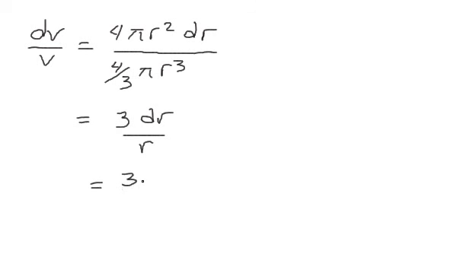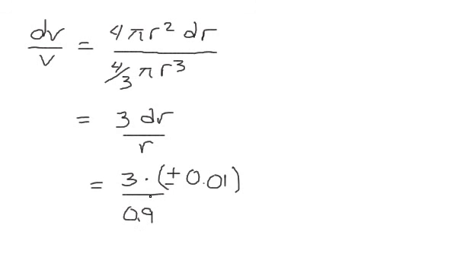Then from there we just plug in our numbers. So 3 times, now remember what our dr was, the plus or minus 0.01, over our 0.9.